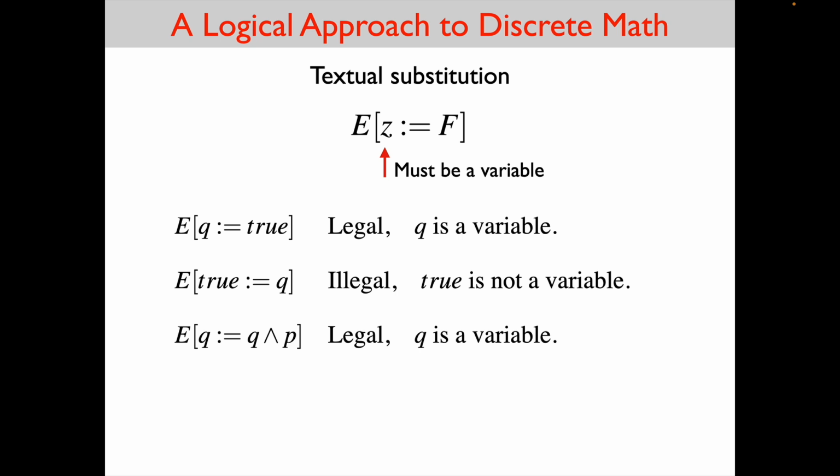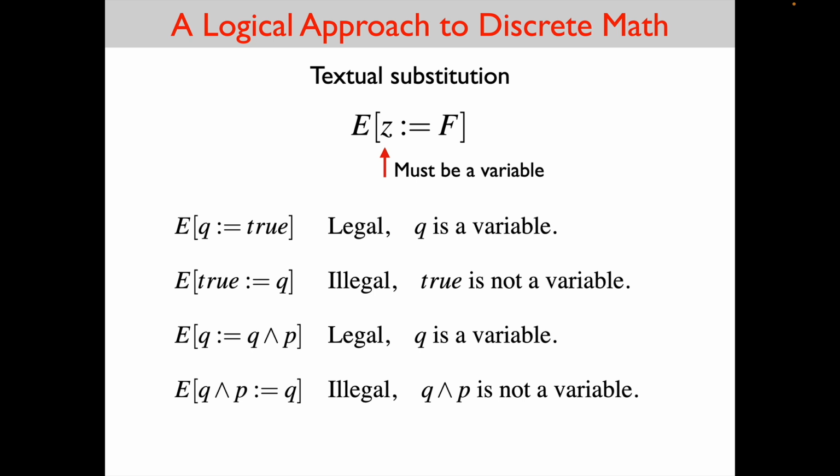But watch this. What about this? Is this legal? Well, you might think, well, Q is a variable and P is a variable, but no, this is not legal because it's not a single variable. That "and" in there makes this an expression, okay? So the problem is Q and P is not a variable.